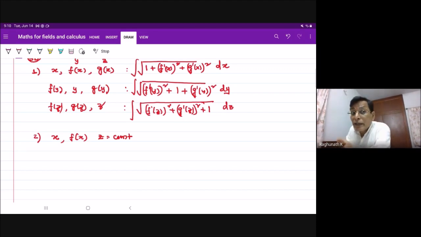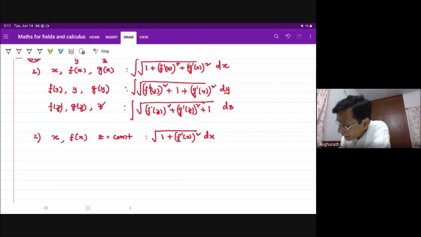In that particular, z is equal to constant means what? dl bar is dx ax plus dy ay only, because of which here it is root of 1 plus f dash of x squared dx integral on y, f of y, z is equal to constant.